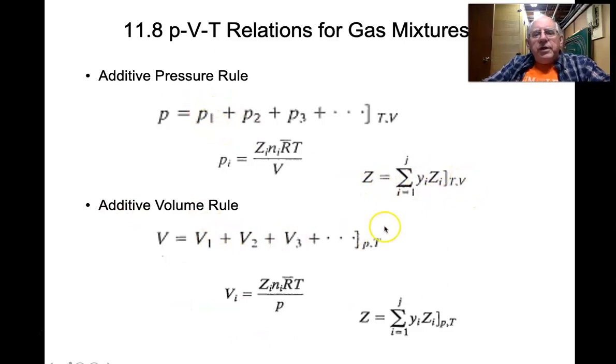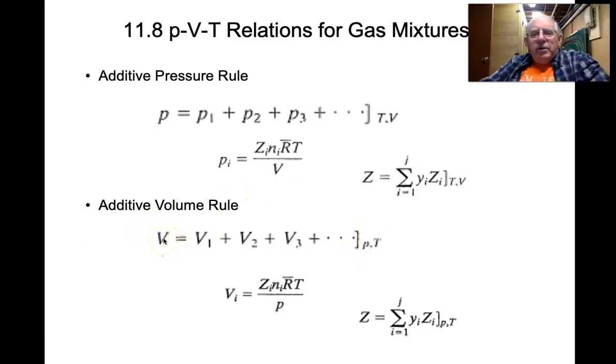And then we also can think of bringing mixtures of gases together, where each of them has the same pressure as the final pressure, but at the same temperature. Each of the gases would have a volume that corresponds to that particular amount of gas mixture component, and those volumes would all add up to be the final volume.